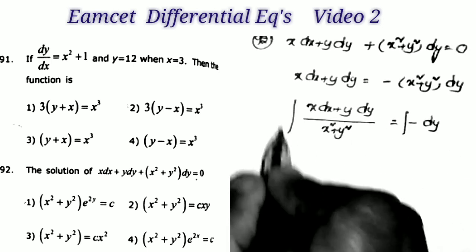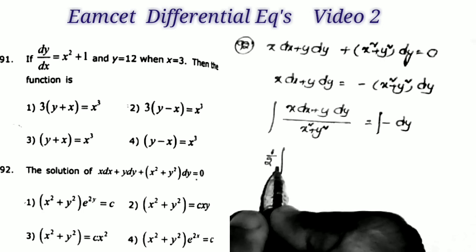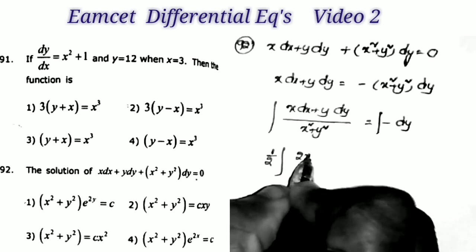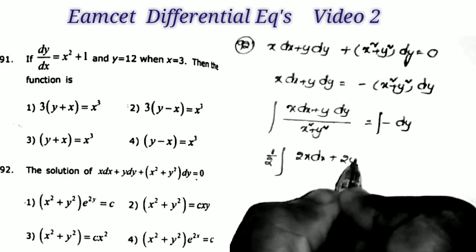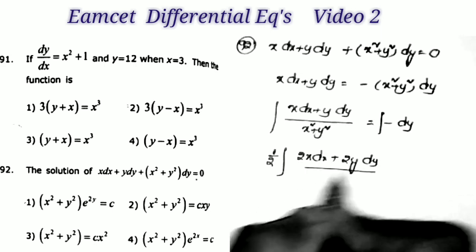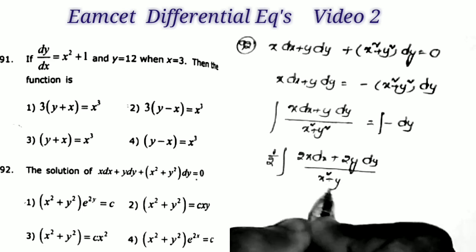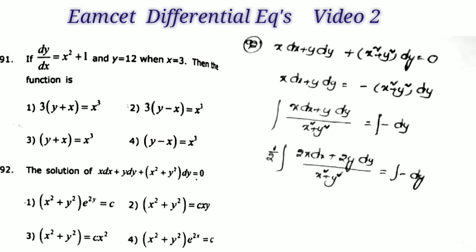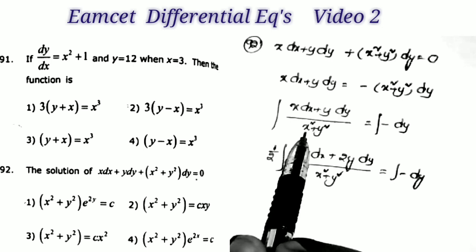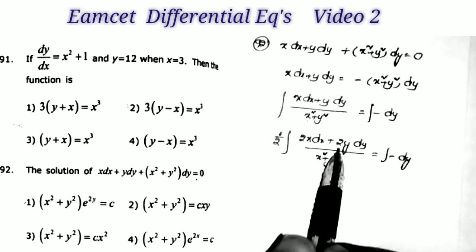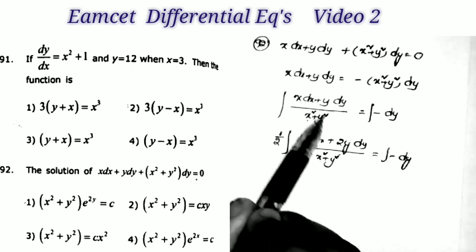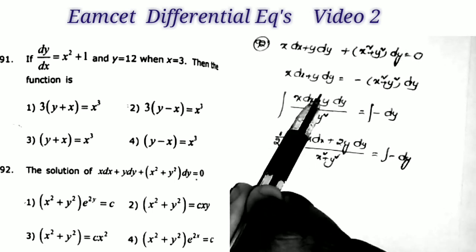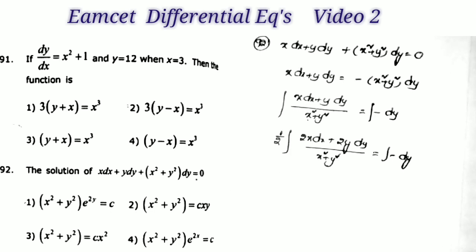In the next step apply the number 1 by 2 to the first term, that is 1 by 2 into integral 2x dx plus 2y dy by x square plus y square is equal to minus dy. Why do I apply the 2 like that here? See here, what is x square derivative? 2x. What is y square derivative? 2y. To form the derivative of x square plus y square in the numerator, I am applying the constant like that.